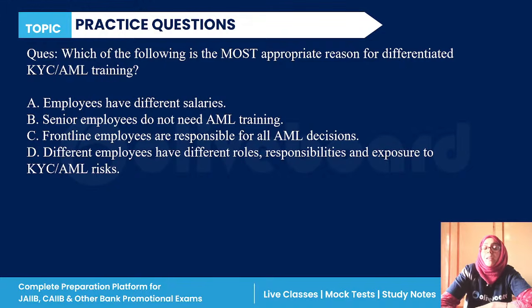Next. Which of the following is the most appropriate reason for differentiated KYC AML training? Employees have different salaries. Senior employees do not need AML training. Frontline employees are responsible for all the AML decisions. Different employees have different roles and responsibilities and exposure to AML and KYC risk.